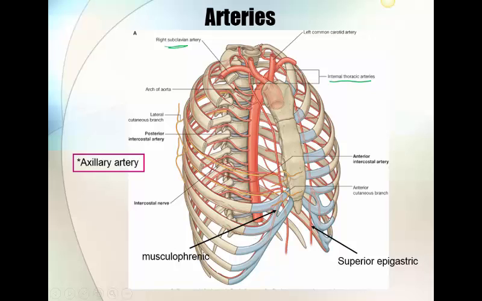Let's look at the posterior intercostal arteries. So this subclavian artery gives off this branch, which is the costocervical trunk.